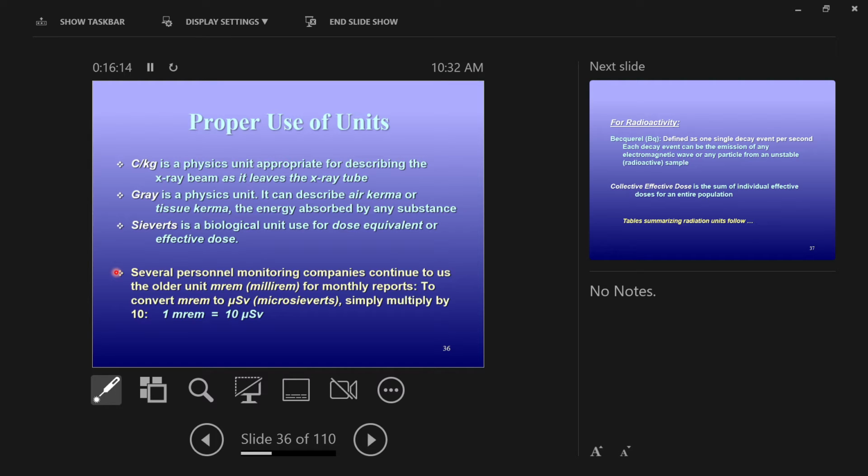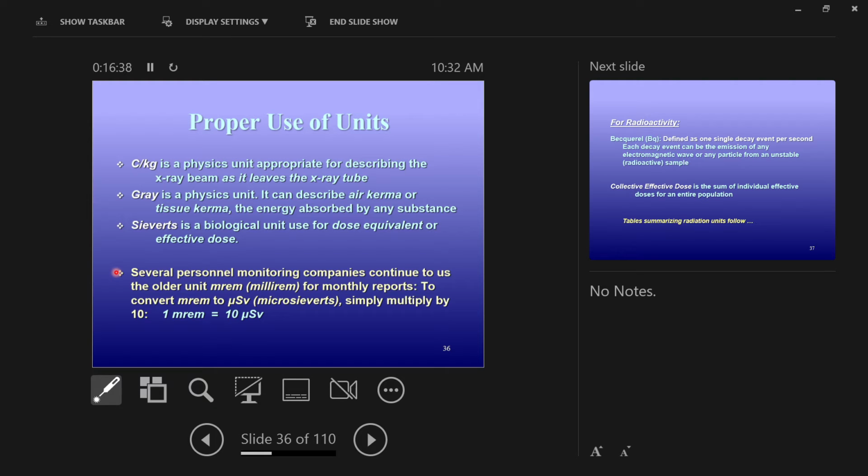They'll use something called the REM. You guys remember the REM hopefully from last time, right? Radiation exposed man, okay? The REM is the unit used for the occupational worker, us. And the unit is given as a millirem, 1/1000th of a rem. And that's given on the quarterly badge reports or monthly badge reports.